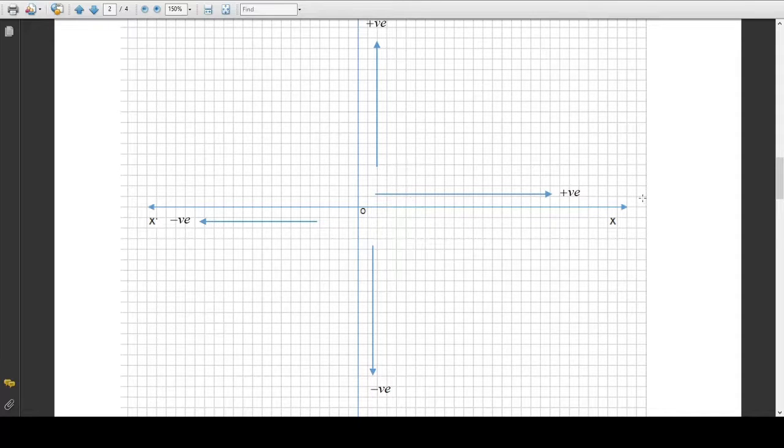Moving right is positive, moving up above the origin is positive, moving left is negative, moving down is negative. Clear? Remember all these positions: left negative, right positive, up positive, down negative.